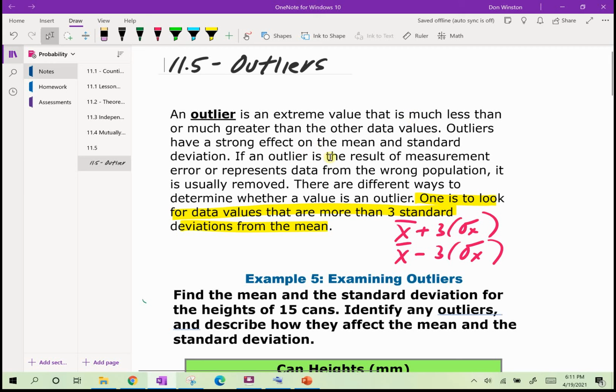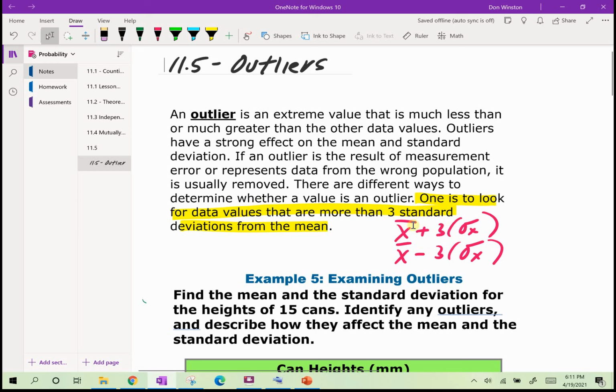If we find that an outlier is a result of measurement error or represents data from the wrong population, we usually remove it. There are different ways to determine whether a value is an outlier. One way is to look at data values that are more than 3 standard deviations from the mean.